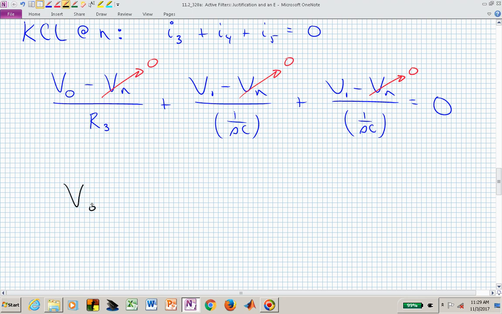So that V sub 0 now is equal to, let's go ahead and multiply everything by R sub 3, both sides. That isolates V sub 0 and moves everything else to the other side.